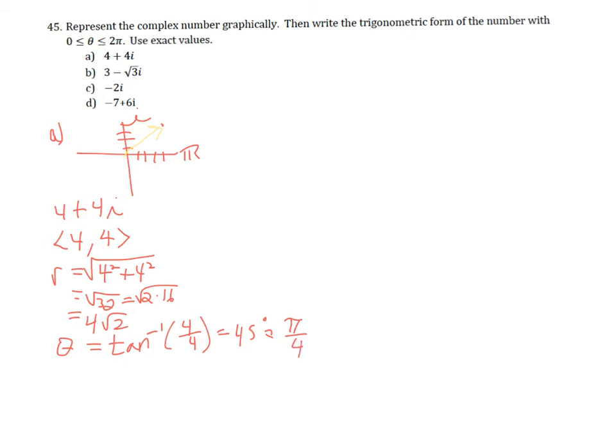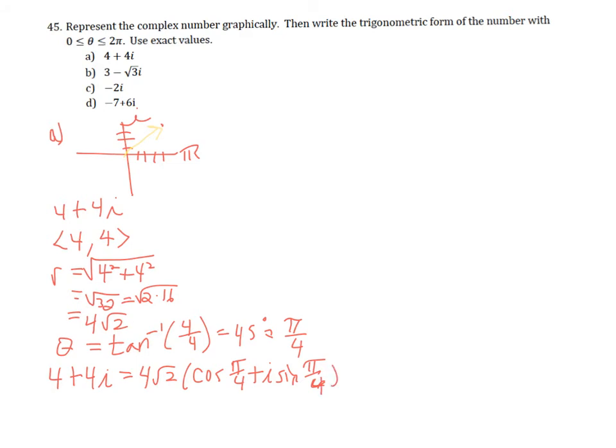And so our final thing that we need to write for part A is that 4 plus 4i is the same as 4 radical 2 times the cosine of pi over 4 plus i times the sine of pi over 4. And there you go.